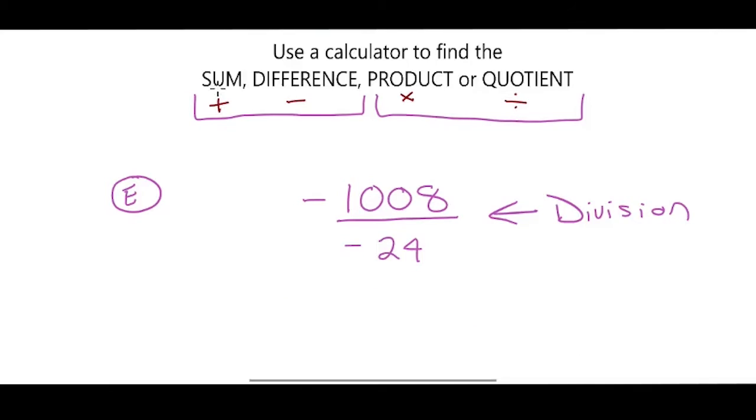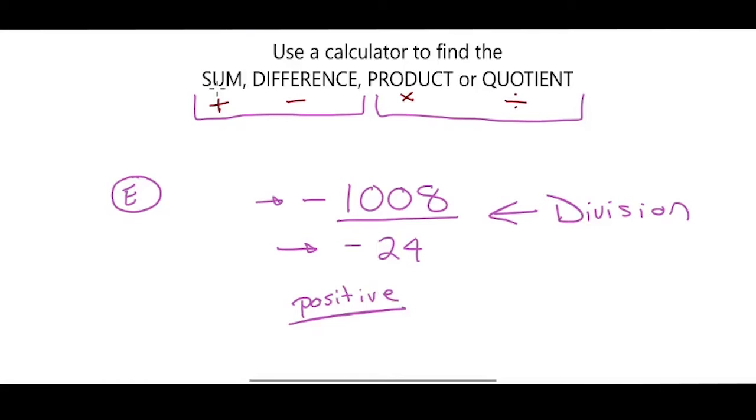and the answer is 42. Another way to think about this is when you have the same signs in multiplication or division. Remember, if you're multiplying or dividing two numbers and they have the same sign, then the answer is always going to be positive. So since these both have a negative, we know that our answer will be positive.